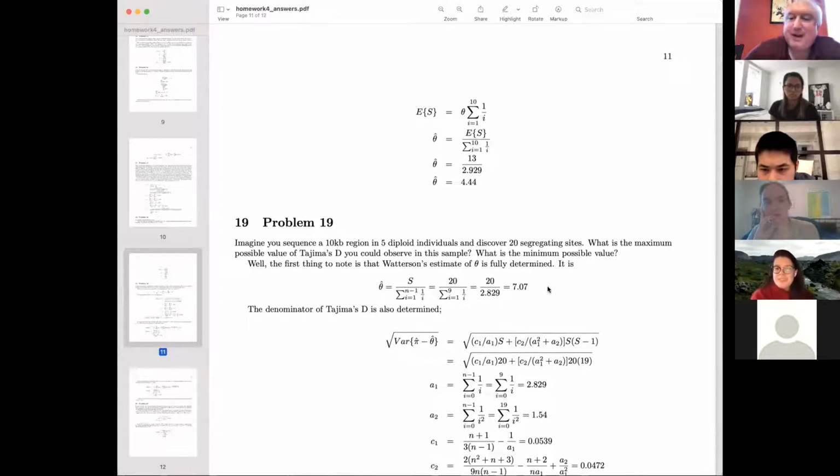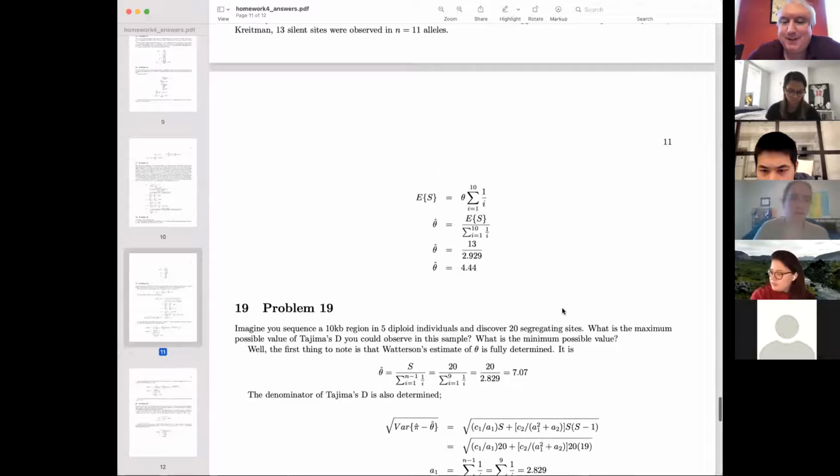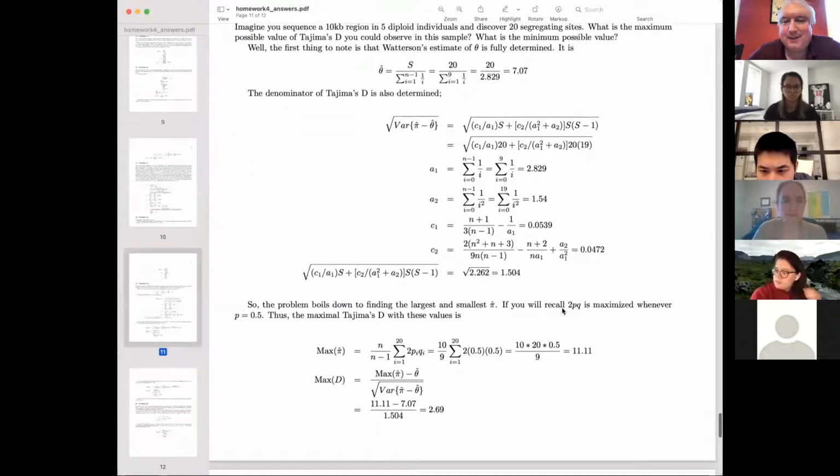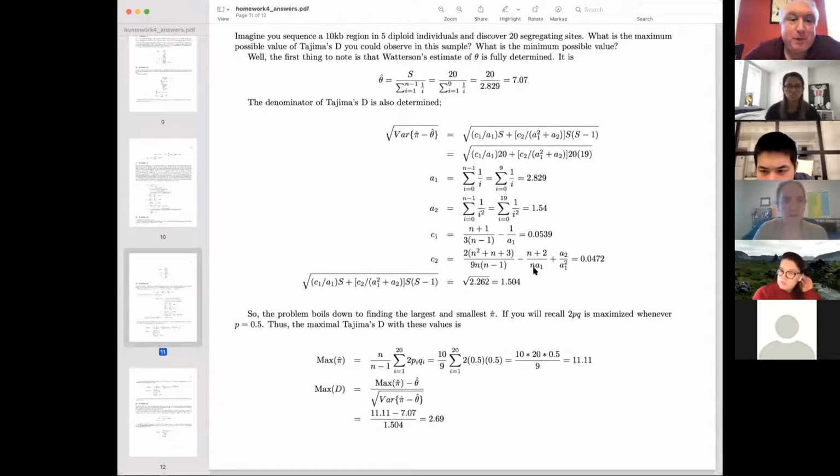So at 20 sites, to read this using the peculiar words of a population geneticist: I sequenced 10,000 bases in 10 alleles, and I found that at 20 of those 10,000 bases there were 2 nucleotides among my 10 alleles.